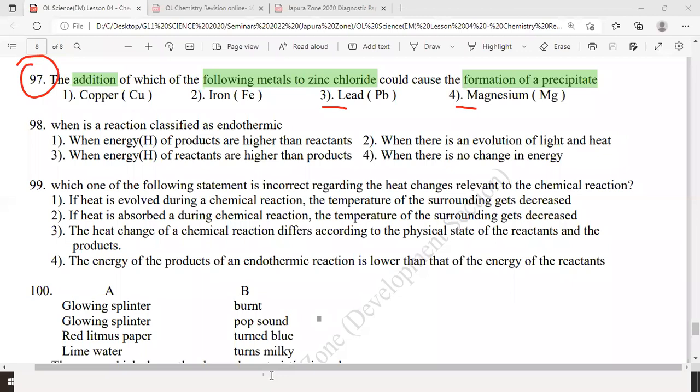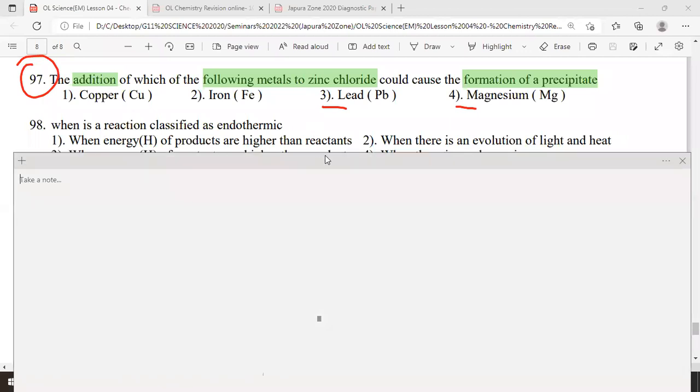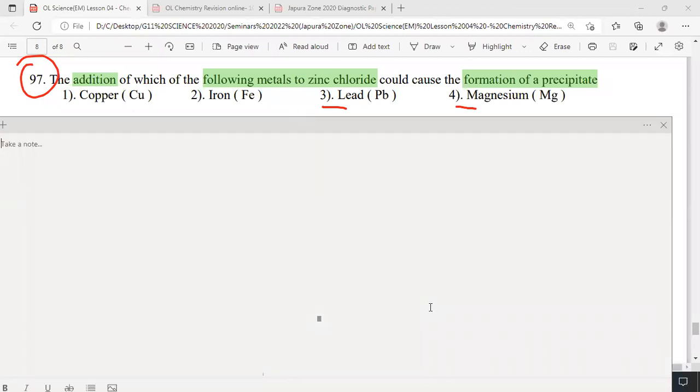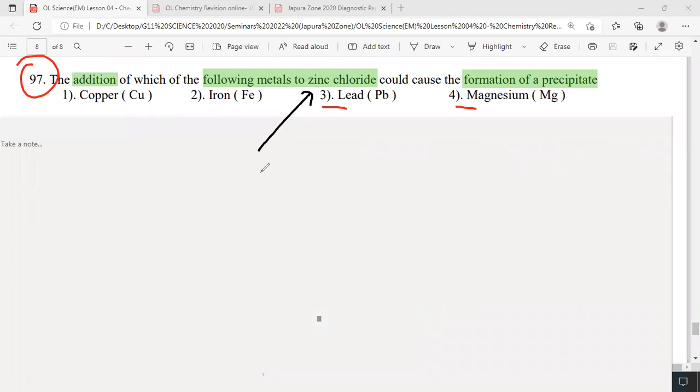How to decide the answer easily? From the activity series again. The metal added has to be more reactive than zinc. What is the reason? The metal added should be more reactive than zinc in the solution.